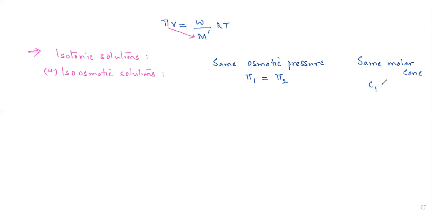So it can be given as C1 is equal to C2. So the solutions having the same molar concentration are said to be isotonic solutions.